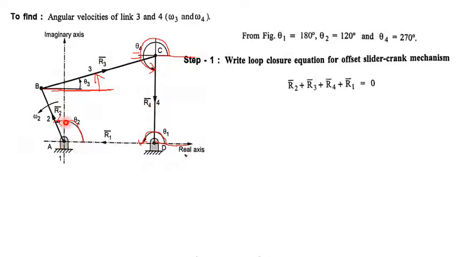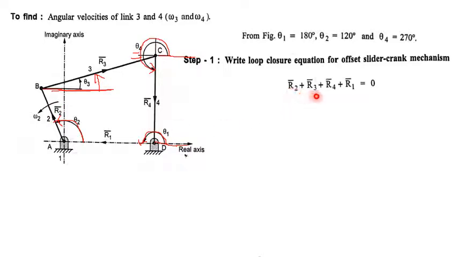It forms a closed loop, with all arrows acting in the same direction, so we add all the vectors.